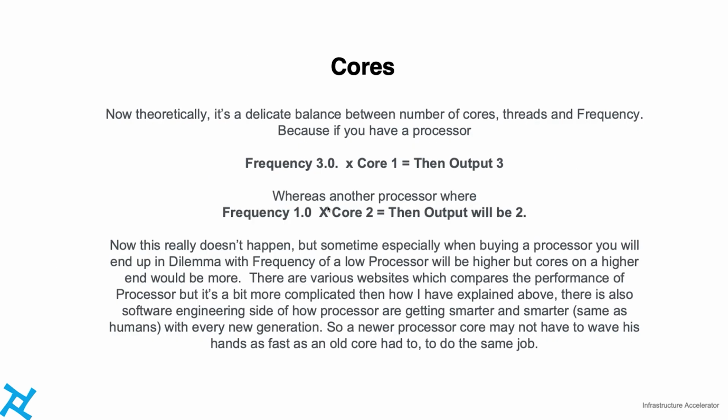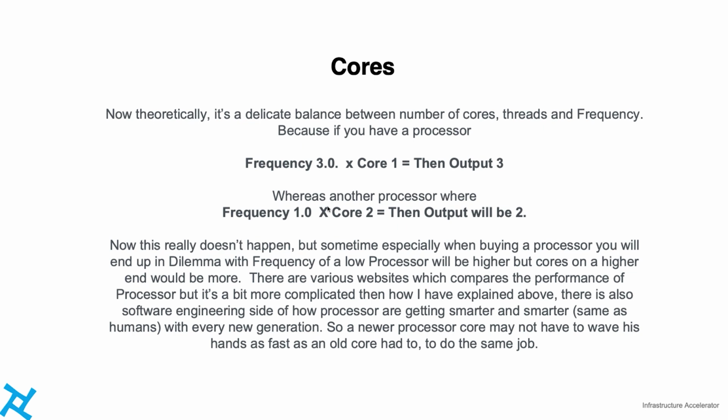Now, theoretically speaking, it's a delicate balance between the number of cores, threads, and frequency. A delicate balance in terms of what's going to be the performance of a CPU. Because if you have a processor where the frequency is 3.0 gigahertz and it has only one core, then the output is probably 3.